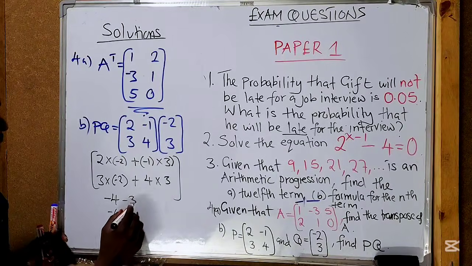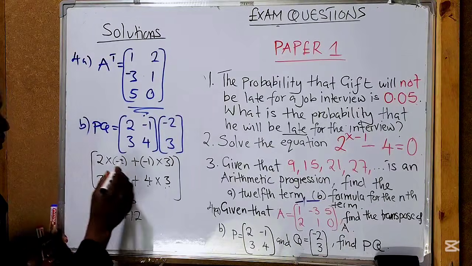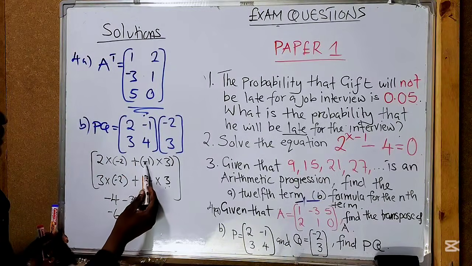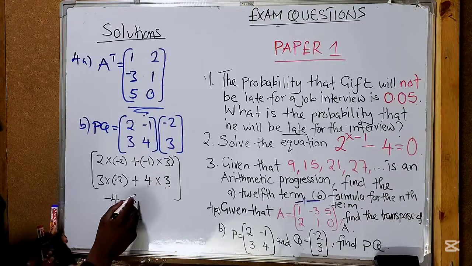Plus, this will give us plus 12, when you multiply 4 and 3 it is 12. So here it is negative, because positive times negative is negative, so it's the same as -1 times 3.